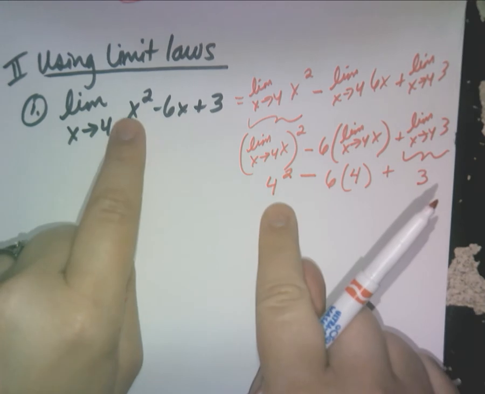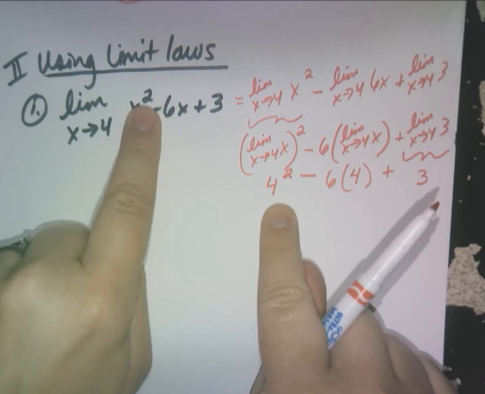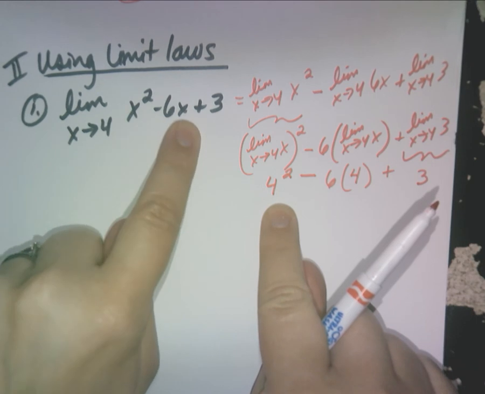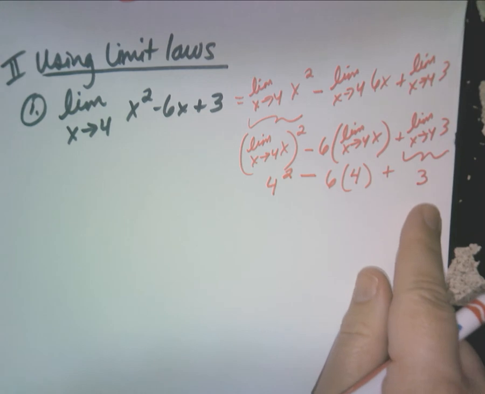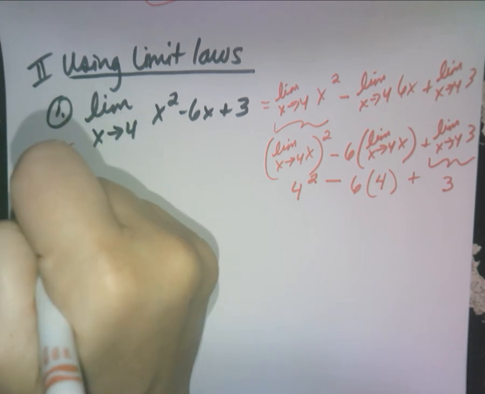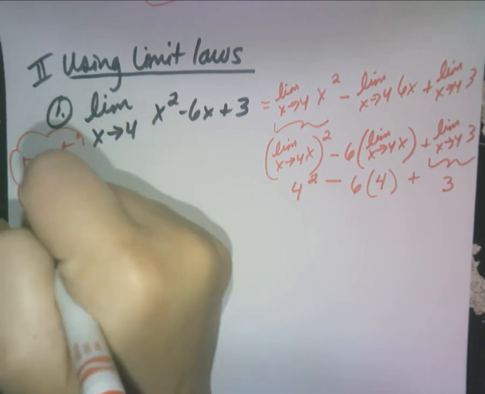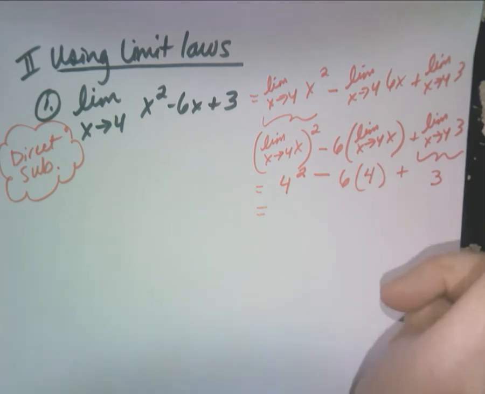Couldn't I have just plugged in 4 right here and here? 4 squared minus 6 times 4 plus 3. Y'all, that's the first law that you're going to do on every single limit problem tonight. It's called direct substitution. When you get limits, the first thing to do is just plug it in.